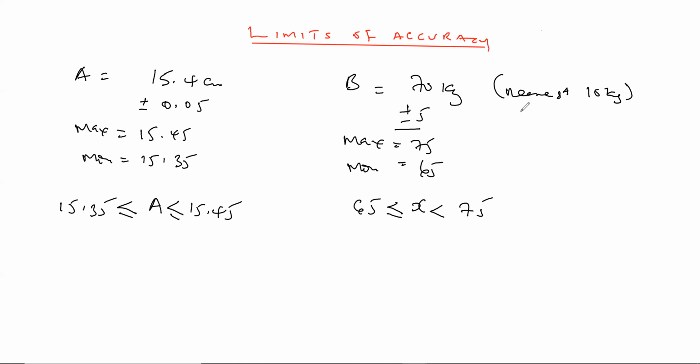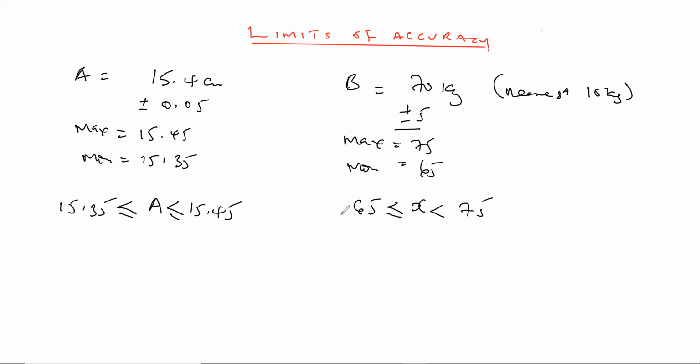So when you're rounding to the nearest, in such a case, the upper value should not have that equals to, because equals to means 75 is included in the numbers B, but B cannot actually be 75. It is just something slightly less than 75. So you have to note that very well.